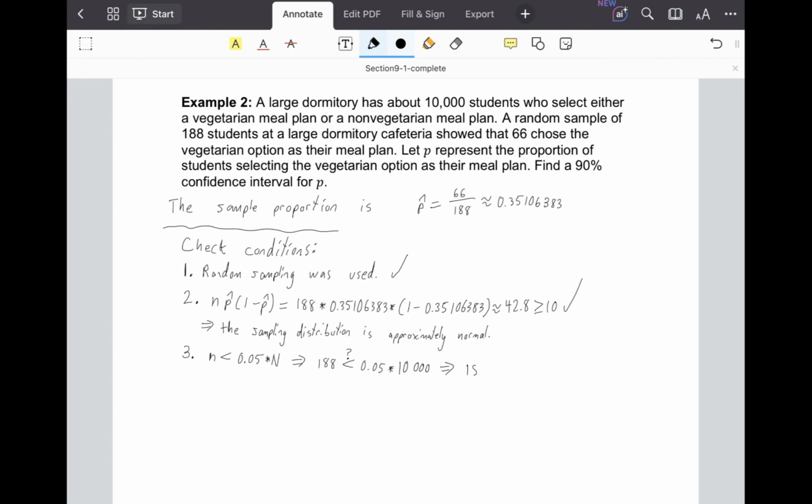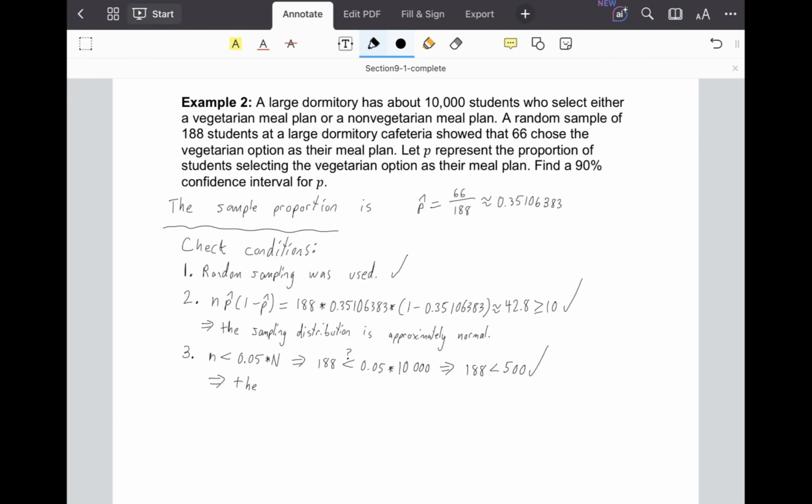This gives us 188 is less than 500, which is true. That's awesome news. The sample size isn't too big to lose independent sampling.